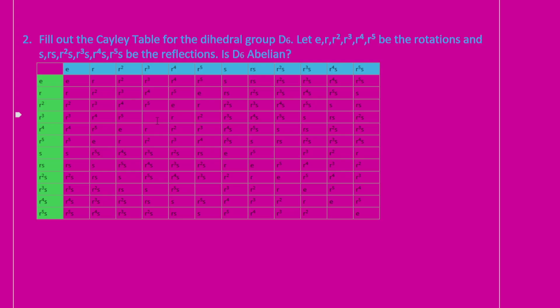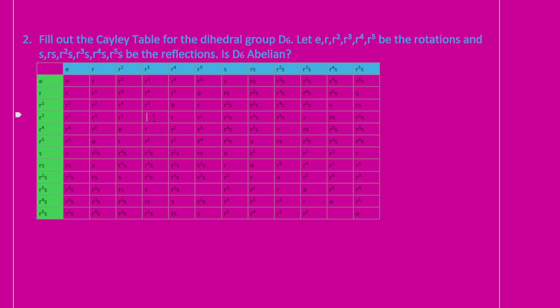The way you would figure out this Cayley table is you can either logically reason it out by doing the composition. So this would be R cubed composed with R cubed. Or sometimes with these Cayley tables, you can notice a pattern for some of these elements, and you can use that too.